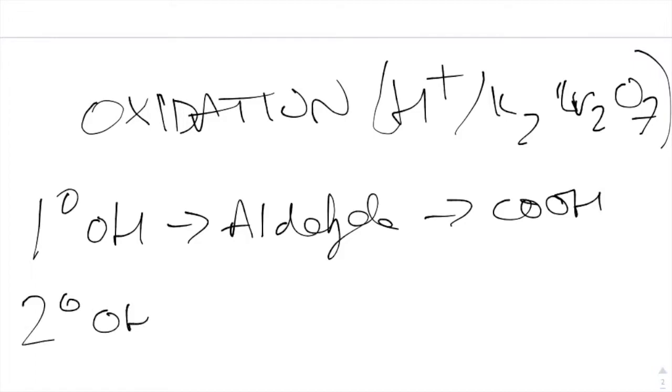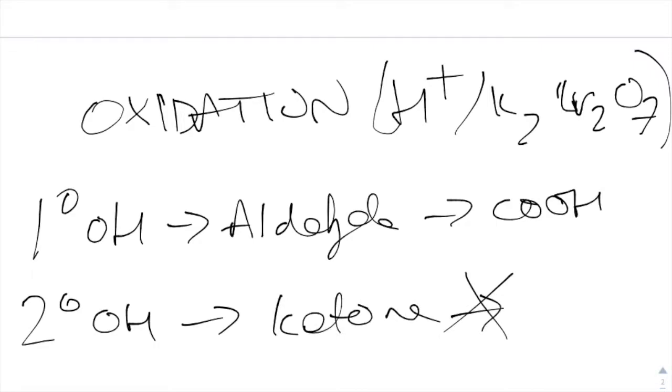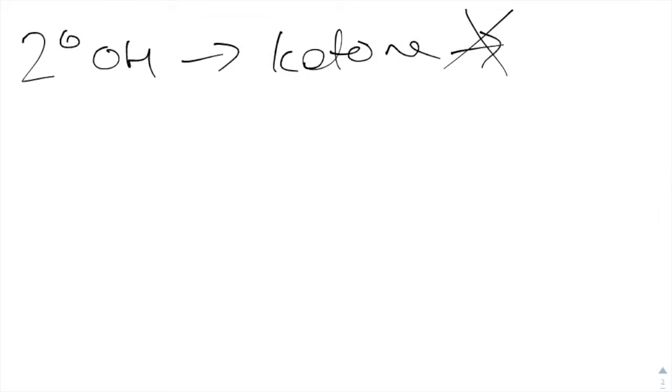A secondary alcohol goes to a ketone and can no longer be oxidized from there, which is the basis of quite a few chemical tests.